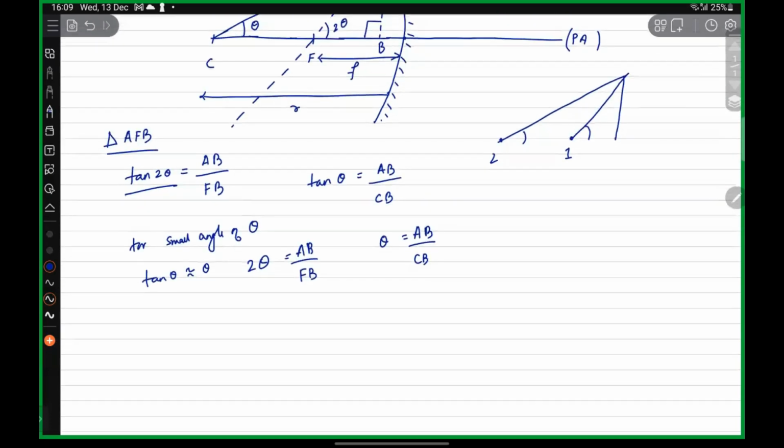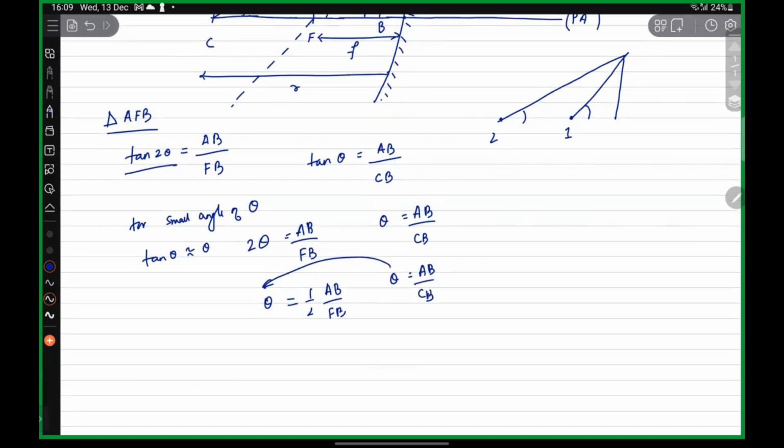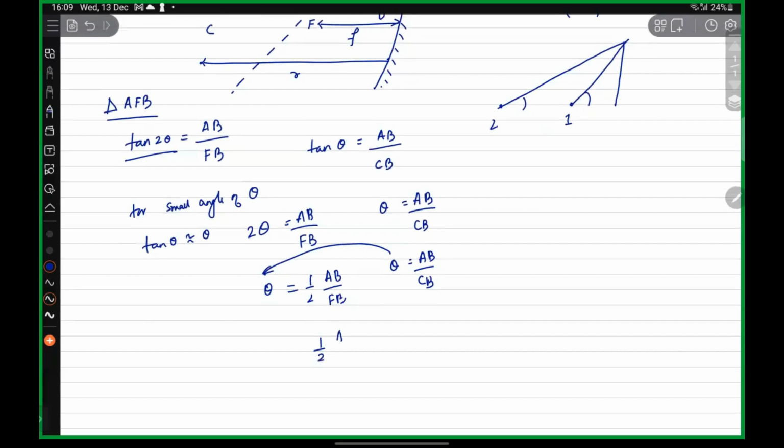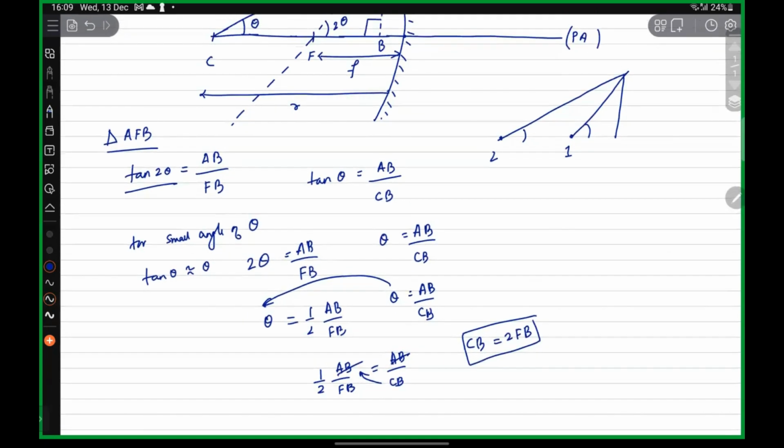Now I'll make it theta equal to half AB by FB. And here theta will be equal to AB by CB. So now my left hand sides are equal. I can just equate the right hand sides. Half AB by FB will be equal to AB by CB. I can cancel this off. I'll take CB to the other side, and bring 2FB to this side. CB equal to 2FB.